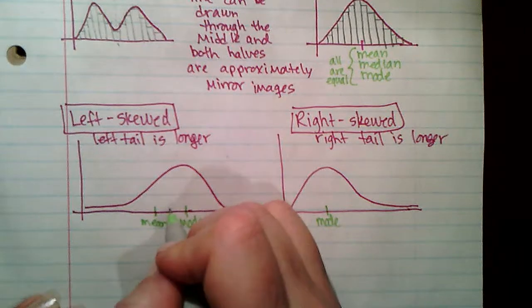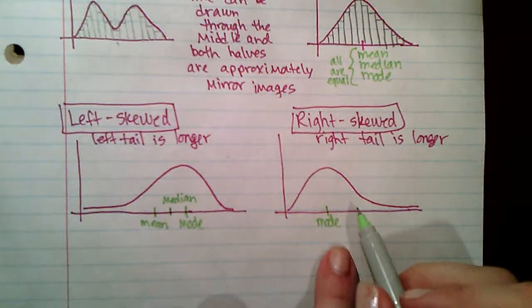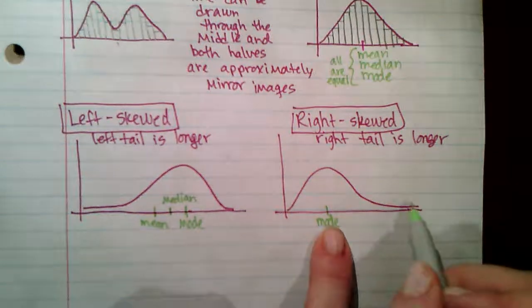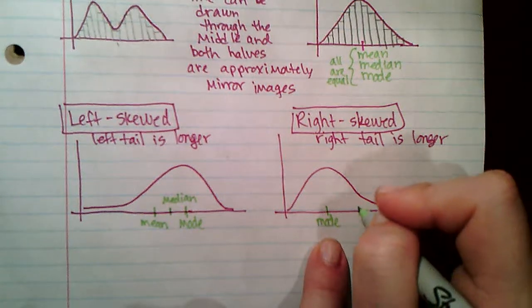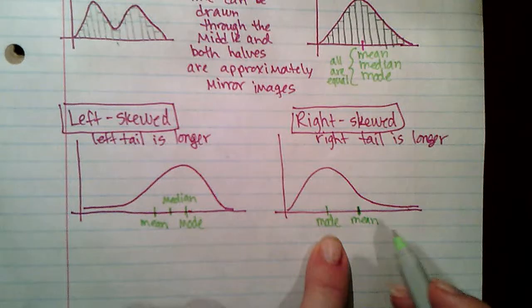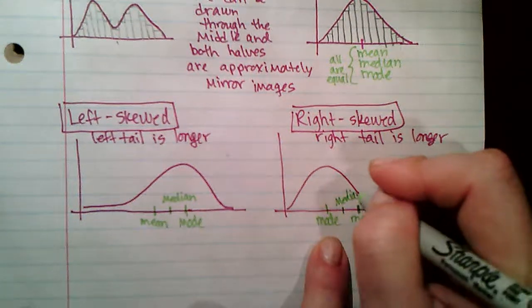So actually the median is going to fall in between the mean and the mode. Now, when I have a right tail that is longer, these really high data values are going to make my mean higher than it should be. So the mean will be off to the right. I'm just approximating where these would be labeled. And then the median would be somewhere in between.